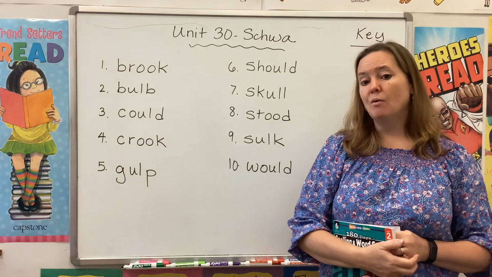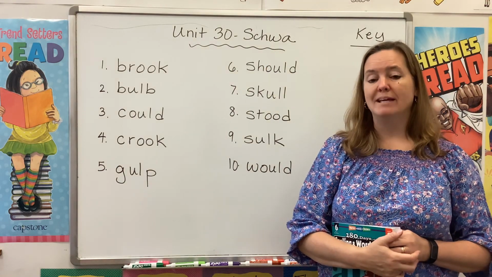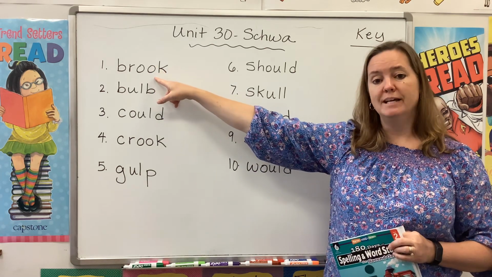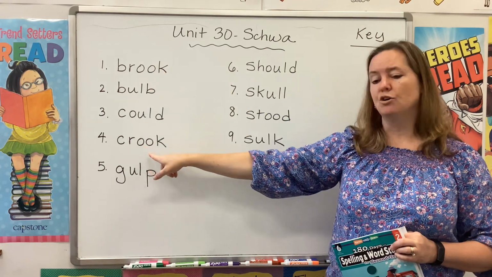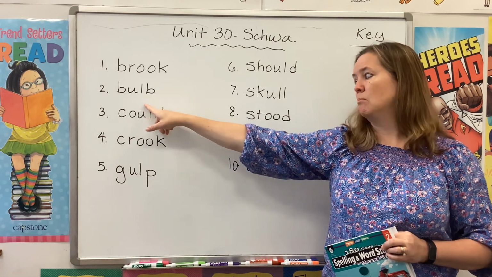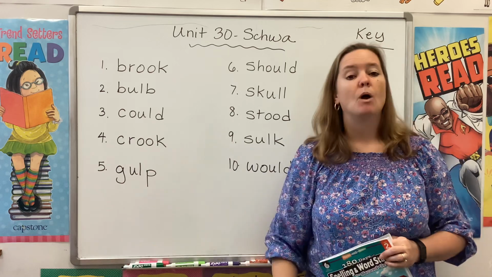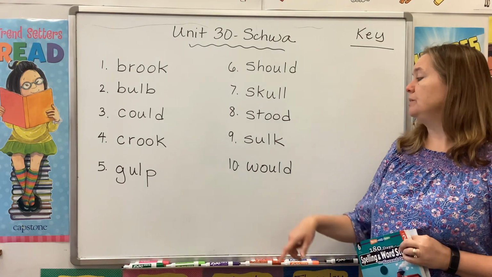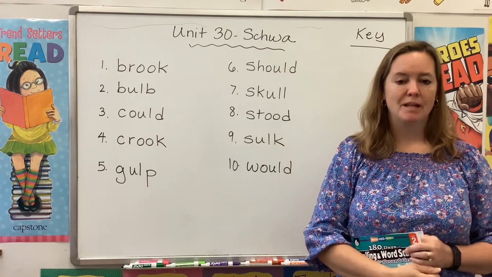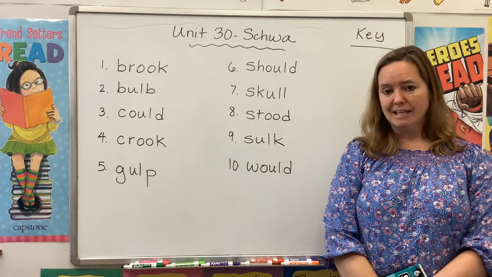Now, today we're going to see that there are lots of ways to spell that sound. We can use the OO in words like brook and crook. We can use the UL in words like bulb and gulp. Or we can use the OUL in words like should and would. So let's start by reading our list.